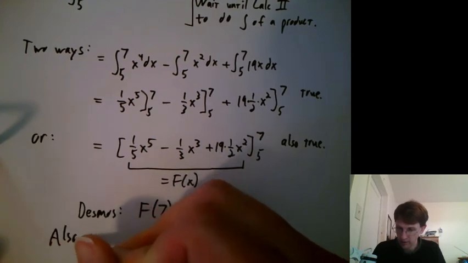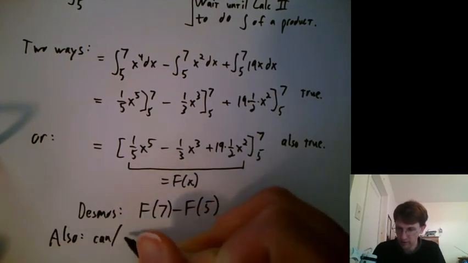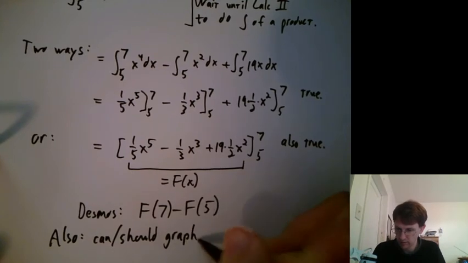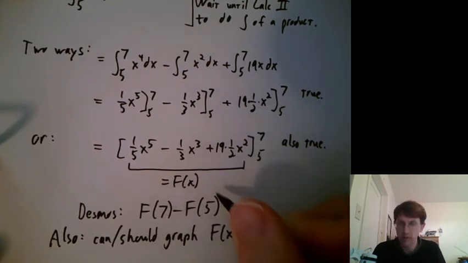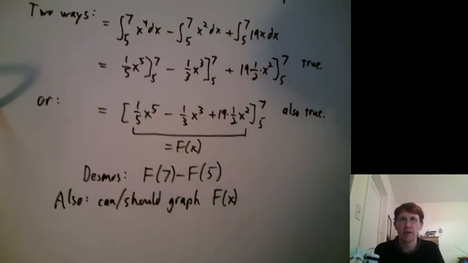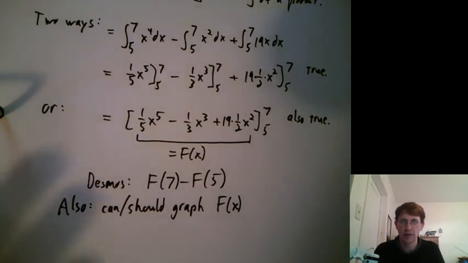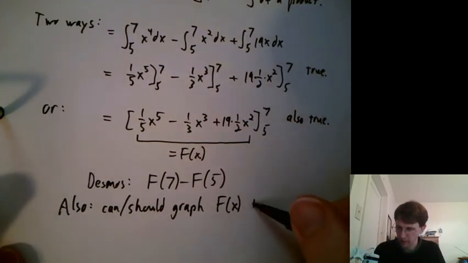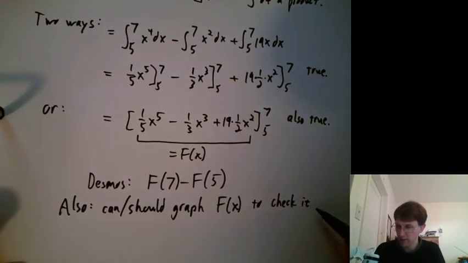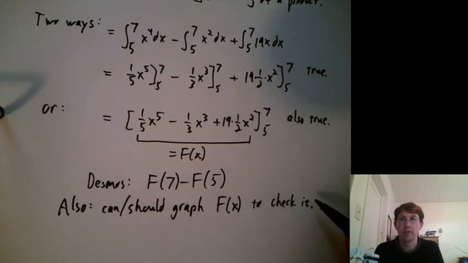So we'll say also you should graph big F of x if you tell Desmos that's big F of x. You could do that separately for each one, but that's going to be a lot of pain. You'd have like 3 Desmos windows open or something. So you can graph big F of x to check it. There are a lot of times in applications where we want to see the antiderivative function.